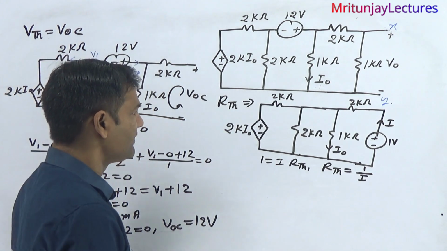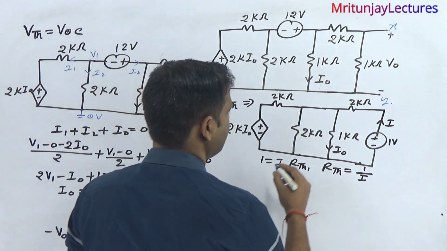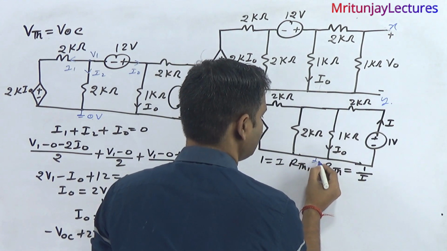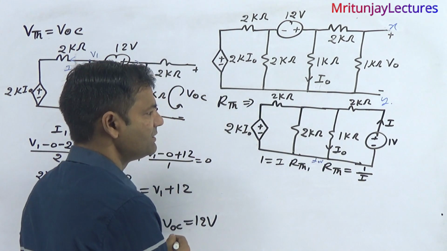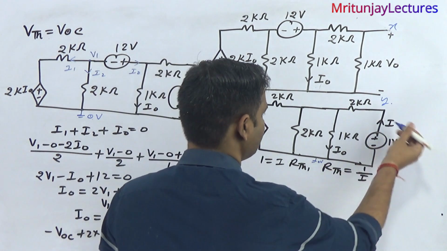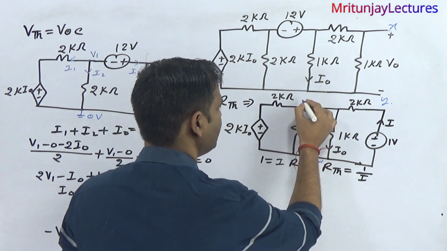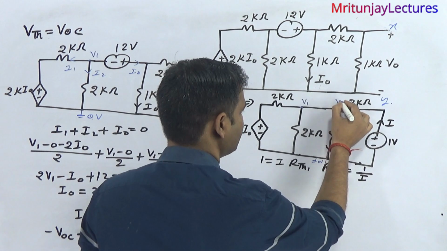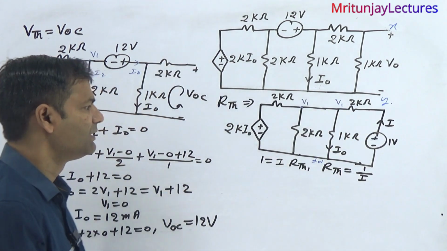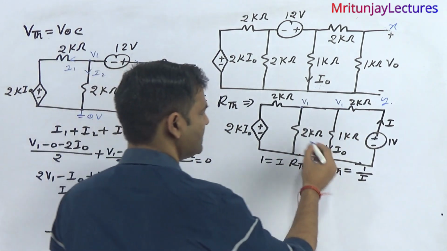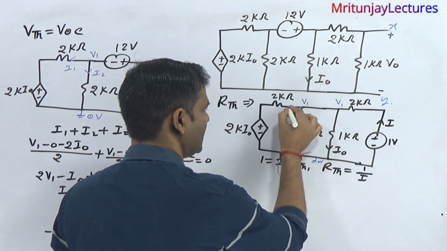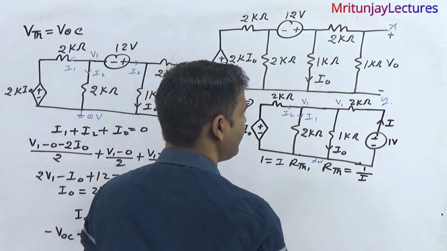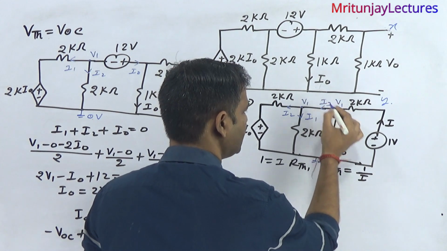First of all, if you see the circuit, this one is a node with incoming current, and this one is a V1 voltage, so this one is also V1 voltage. Here I0, here I1, here I2, here I3.